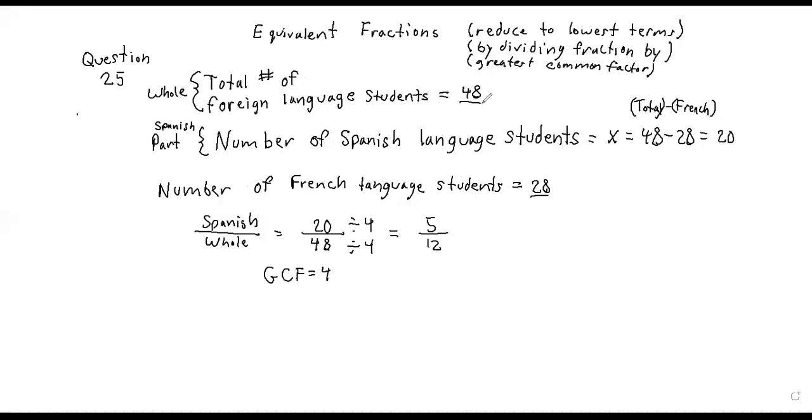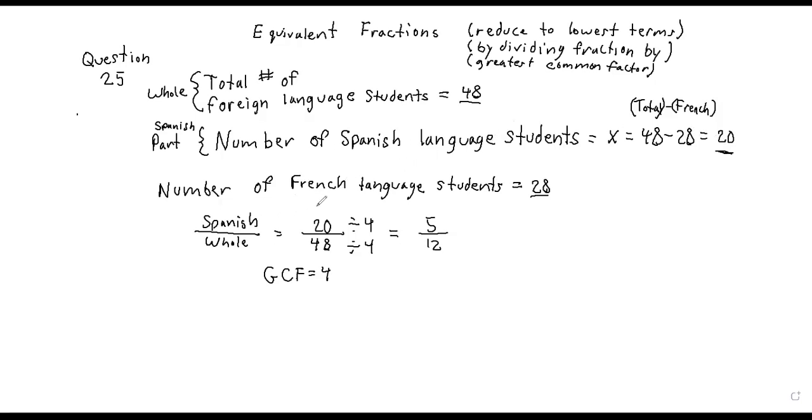If you're studying French, you cannot study Spanish. There are only two languages given, French and Spanish. So to find the number of Spanish students, we simply subtract the total number of French students from the total number of students. That's 48 total students minus the French students, which gives us 20 Spanish students.